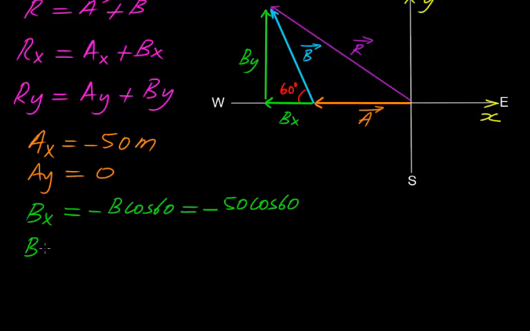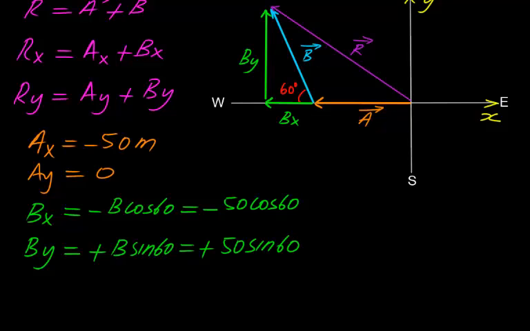In a similar way, the By component is positive in this case because it's pointing towards the positive y. Since the x component is B cosine, the y component is going to be B sine 60, which is equal to positive 50 sine 60.